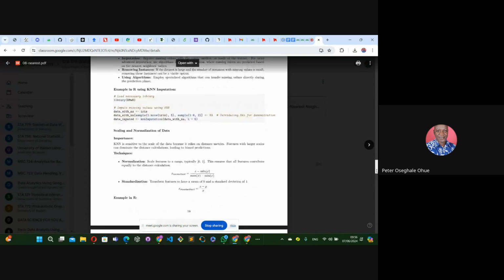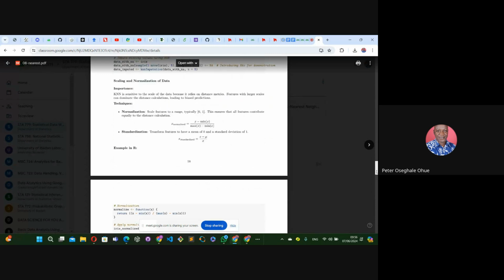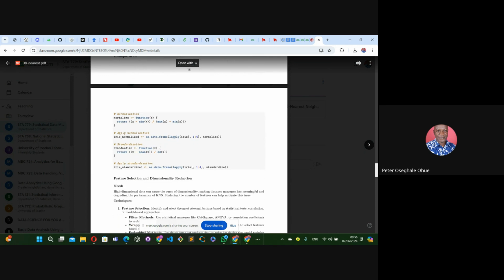So we talked about scaling and normalizing data. You would have noticed that we've used functions, equations, and mathematical representation today, and it's so refreshing to know that machine learning is also statistical learning. Those functions and equations used in statistics are also carried over to machine learning.